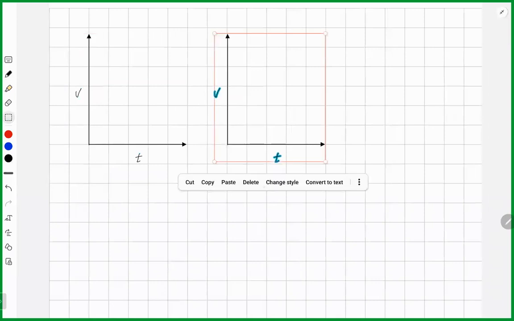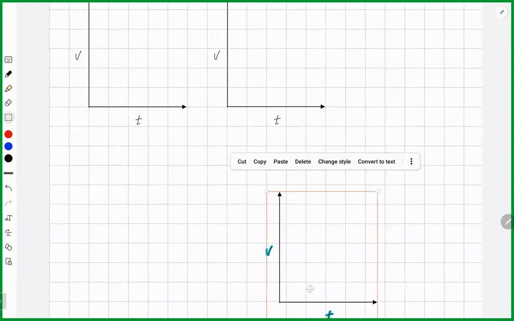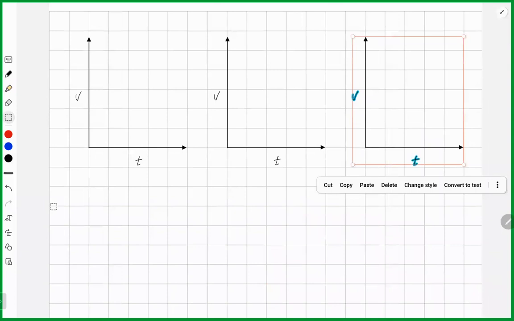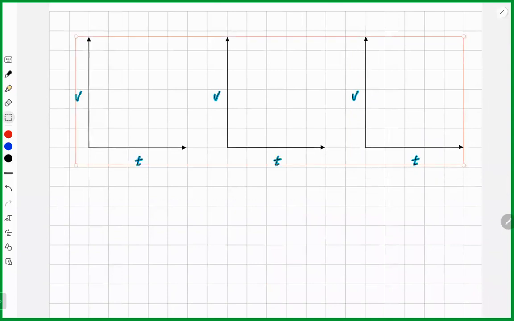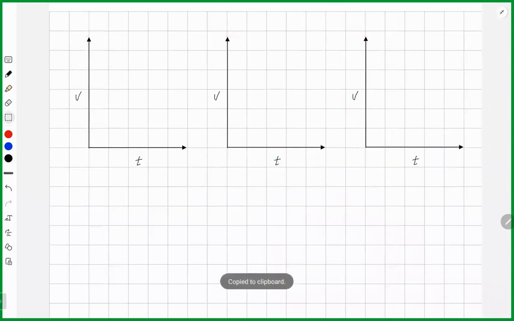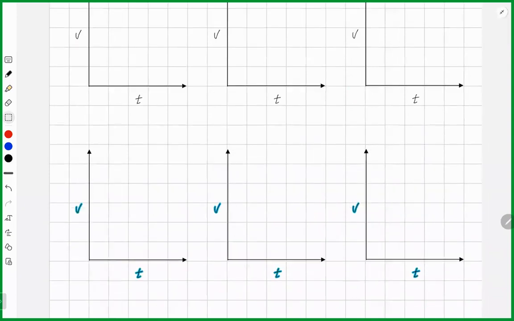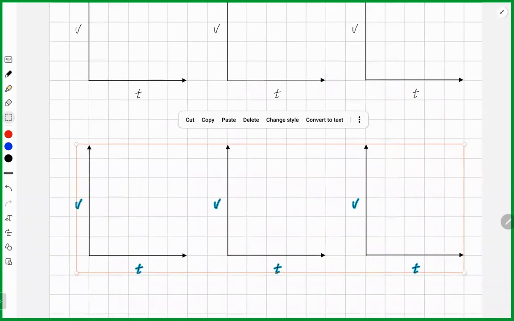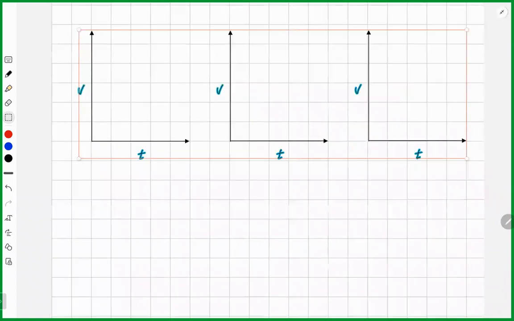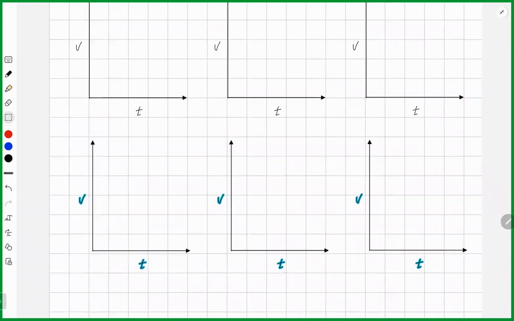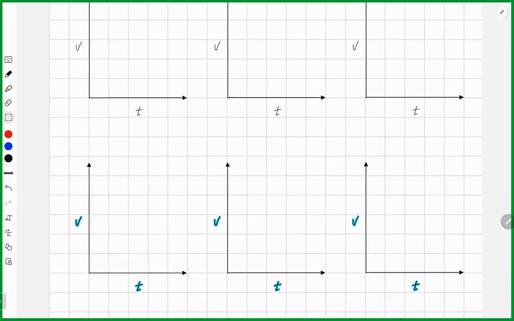Second possibility, third possibility. Let's see.